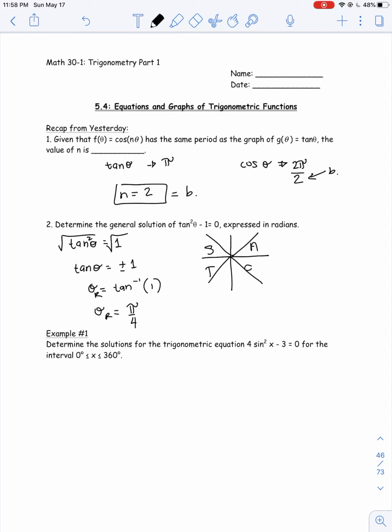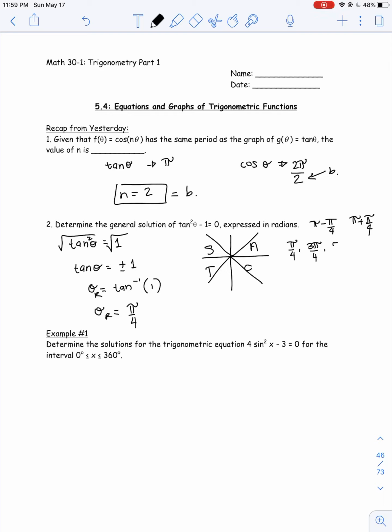Now, we need to find out all the solutions where that will occur. Well, we know that the first one would be pi over 4. And then if you take pi and subtract pi over 4, that would be like saying 4 pi over 4 minus pi over 4, which is 3 pi over 4. Our next value would be in quadrant number 3, where we would have to go pi plus pi over 4.